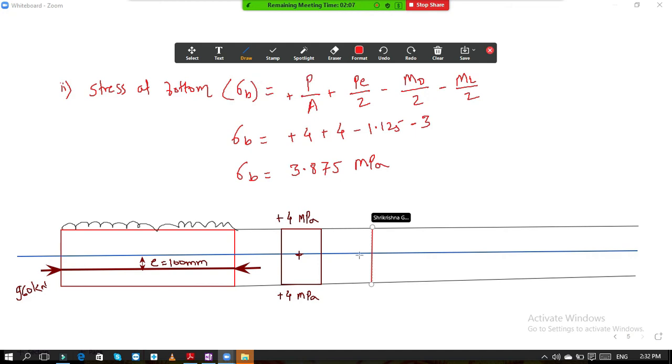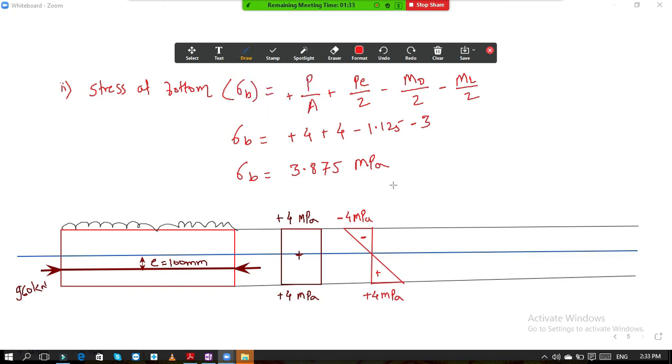If minus sign is there, plot it to the left hand side, and plus, plot it to the right hand side. So this is minus 4 and here it is plus 4.